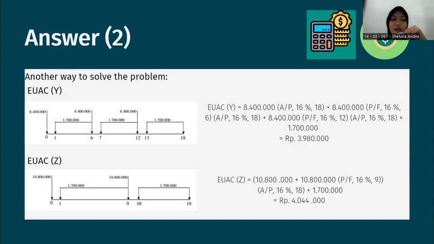In EUAC Y and EUAC Z, we can see that they have the same final result as alternative 1 before. For EUAC Y it is 3,980,000, and for EUAC Z it is 4,044,000.